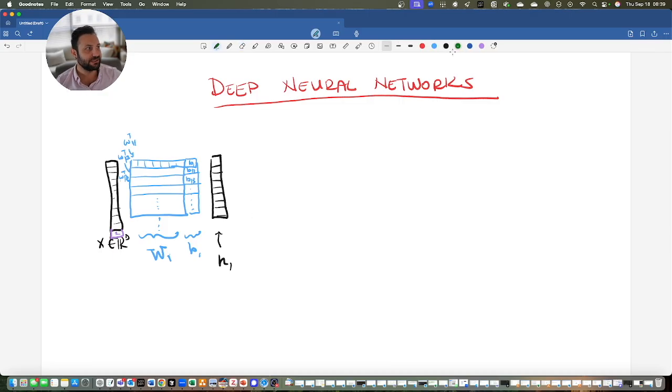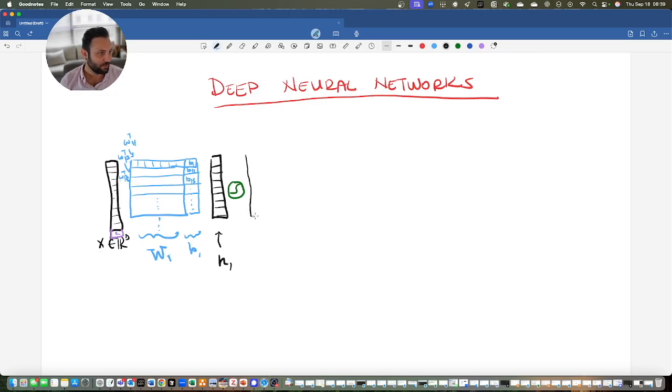The nonlinearity is an element-wise function. I'm going to draw this function like a circle here. I'm going to write a little S-like sigmoid shape because the sigmoid function is one of the first nonlinearity functions that we saw that was introduced.